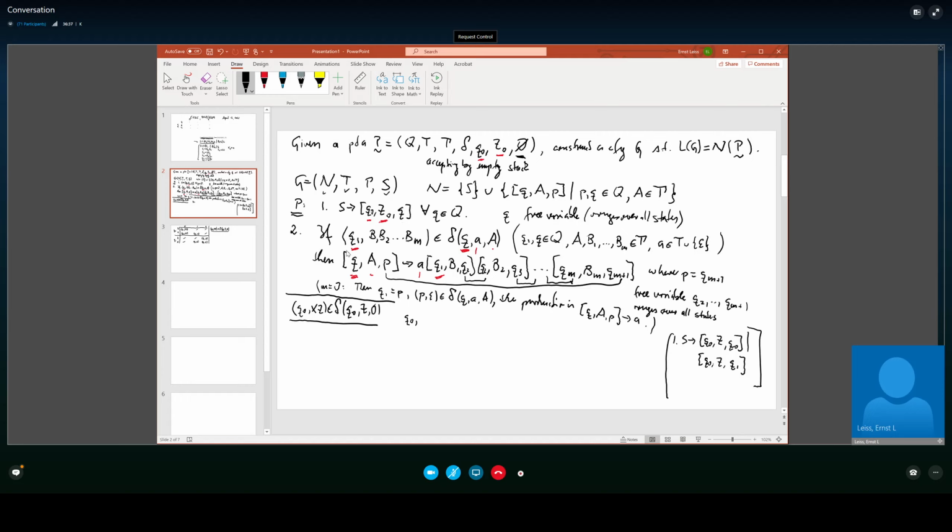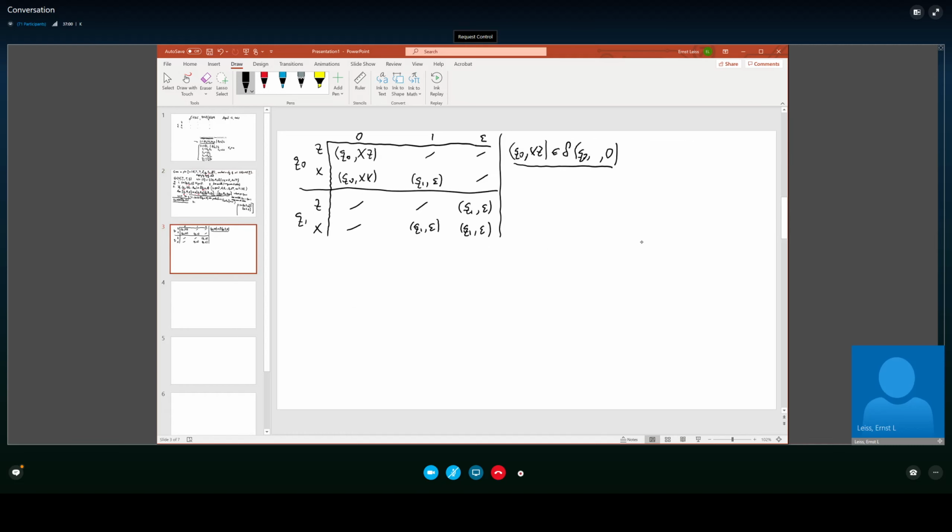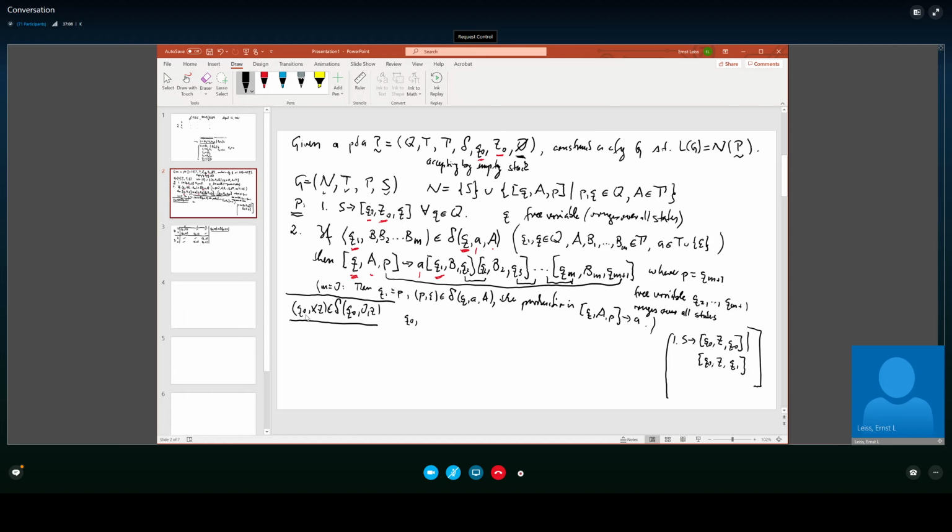Then we have this capital A. I wrote this backwards, so let's do 0 and Z. So what we have then is that Z is that A here.